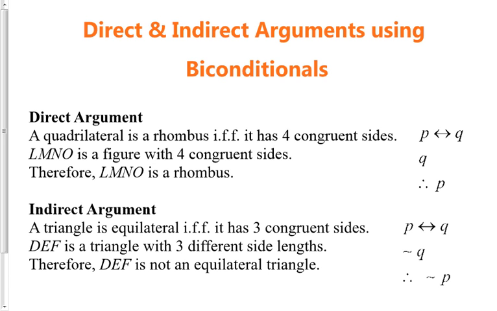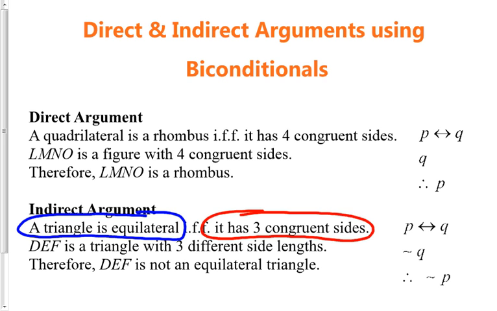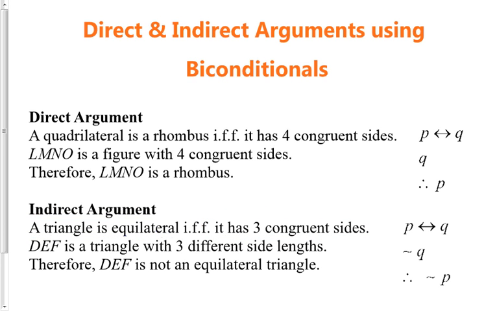Now let's look at the indirect argument. A triangle is equilateral if and only if it has 3 congruent sides. So again, breaking this down, we can call the first part of the biconditional statement P, and the second part statement Q. Writing it in notation, we see that we get P if and only if Q. DEF is a triangle with 3 different side lengths. Well, statement Q was it had 3 congruent sides.